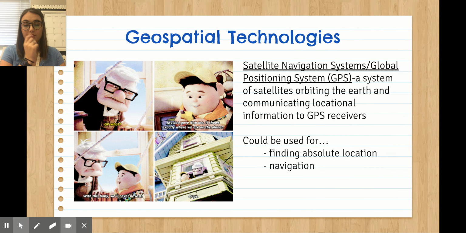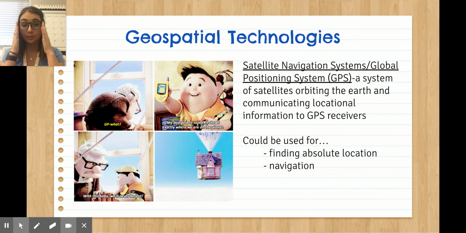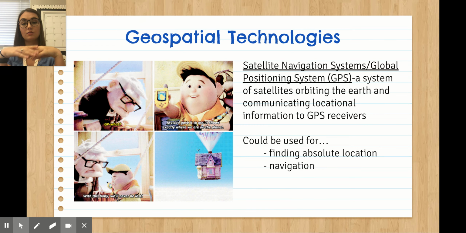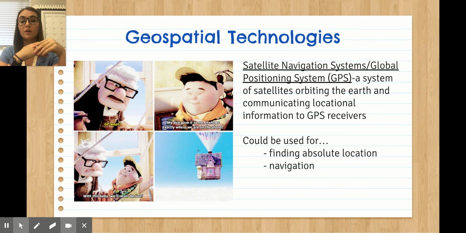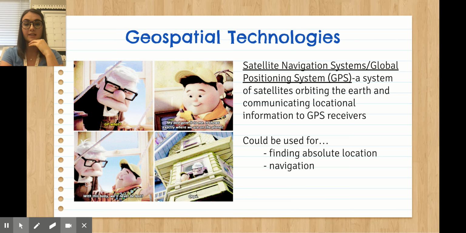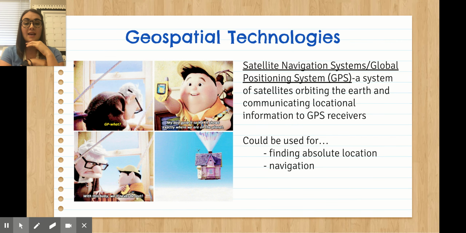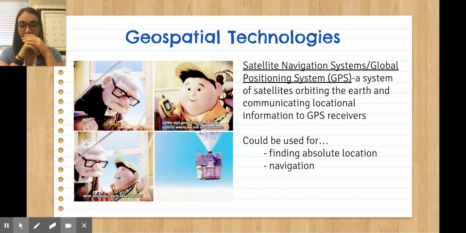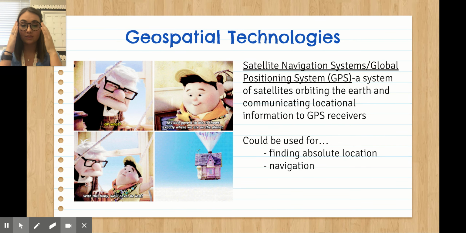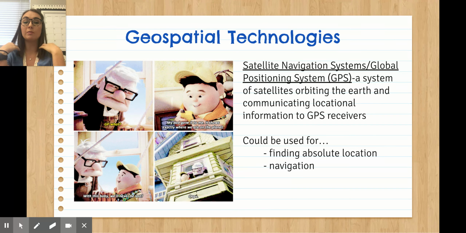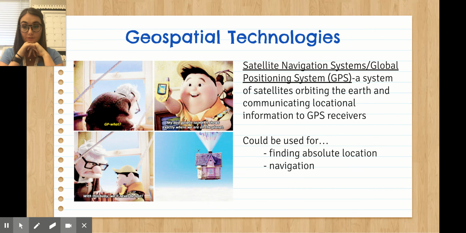Another geospatial technology that is used, and one that you're probably most familiar with, is GPS, or Global Positioning System, or it's sometimes also called satellite navigation systems. And GPS is a system of satellites orbiting the Earth and communicating locational information to GPS receivers.